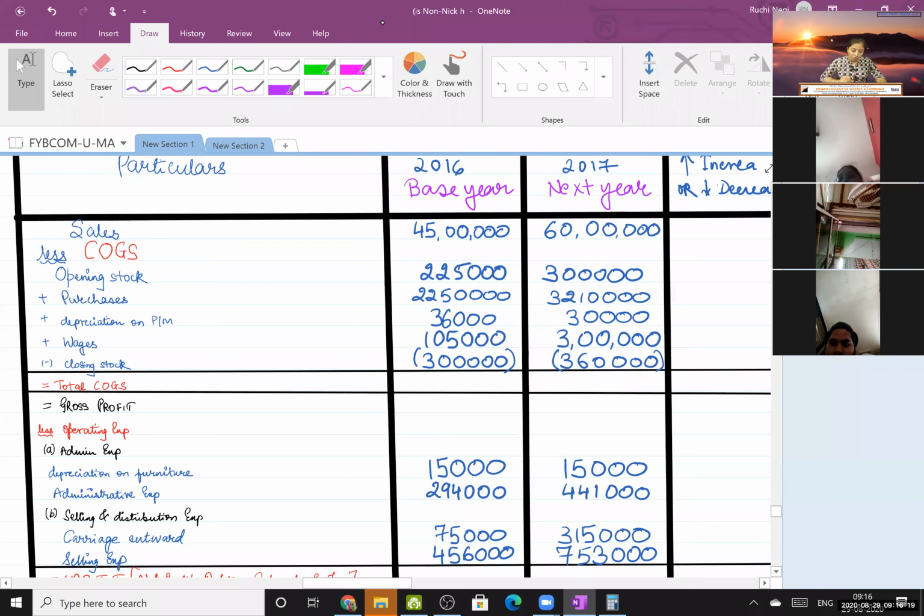Then less cost of goods sold, COGS. COGS का what is the formula? Composition उसका is opening stock, 2,25,000 and 3 lakhs.